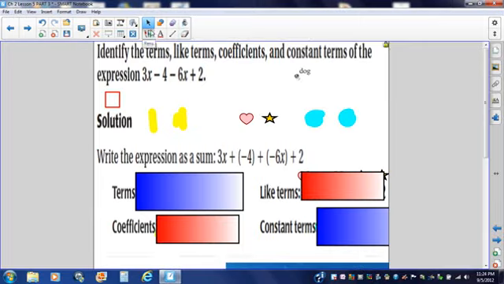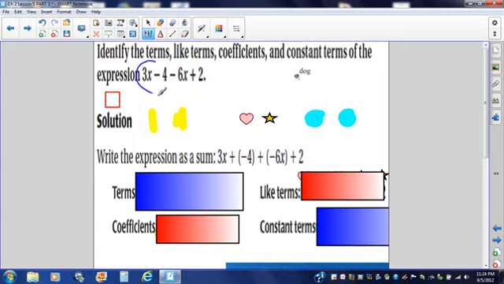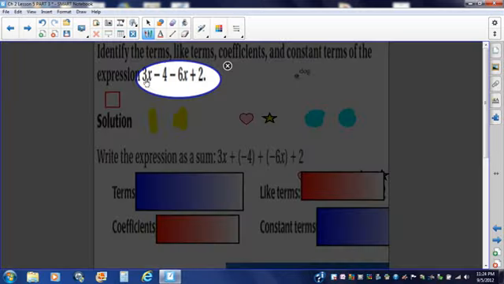One more example. Please write down the expression 3x minus 4 minus 6x plus 2. Notice again, this is an expression. Why? Excellent job. There is no equal sign, so it is not an equation.